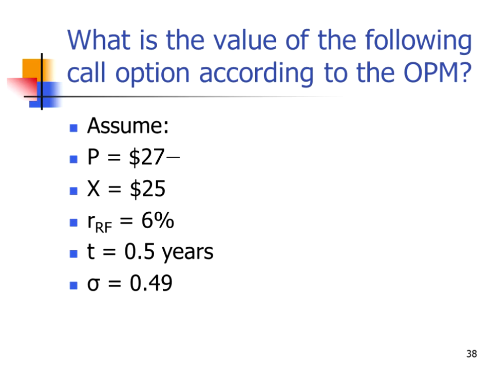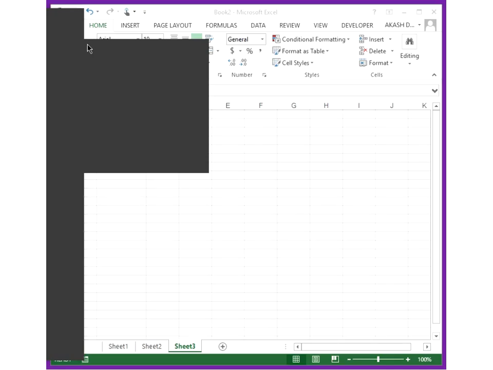RF is 6%, which is the risk-free interest rate. T is 6 months, that's half a year. And sigma is the standard deviation of the price of the stock, that is the deviation noted in the price of the stock. That's 49% or 0.49. So let me open up Excel and follow this step by step very closely.